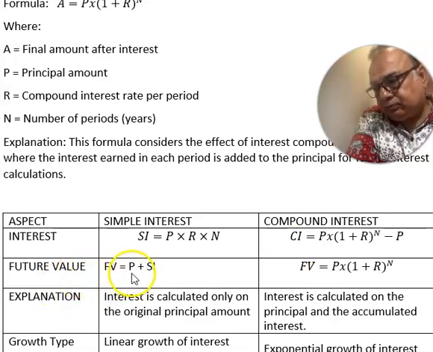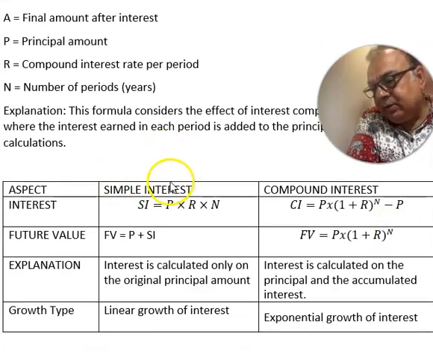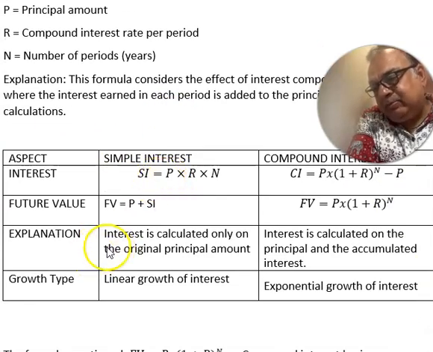Future value, in simple interest, you are adding principal amount plus simple interest amount. In compound interest, future value you are getting directly P into inside the bracket 1 plus R, and power of bracket is the N. In simple interest, interest is calculated only on the original principal amount.